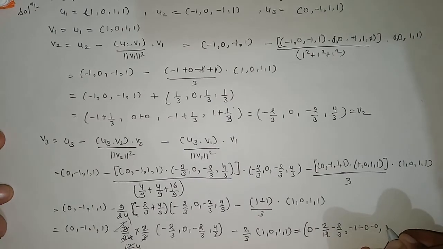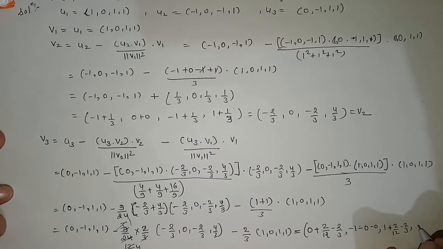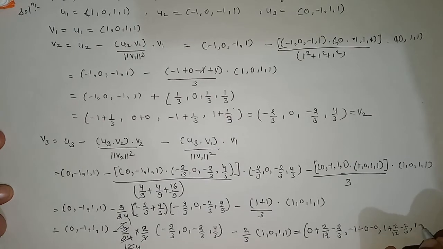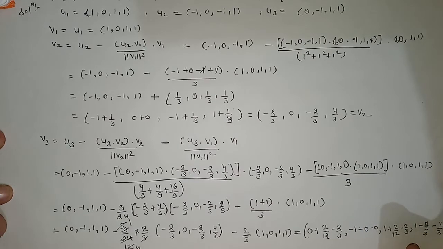The third one we have 1 minus minus plus. So this is also plus and this is minus. So minus minus plus 2 by 12, minus 2 by 3, and the last term we have 1 minus 4 upon, or we can say 1 by 3, minus 2 by 3.